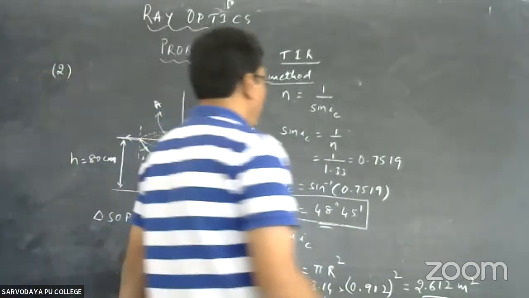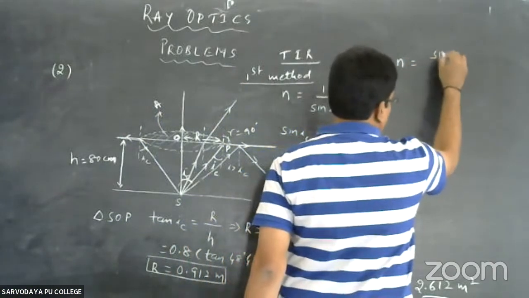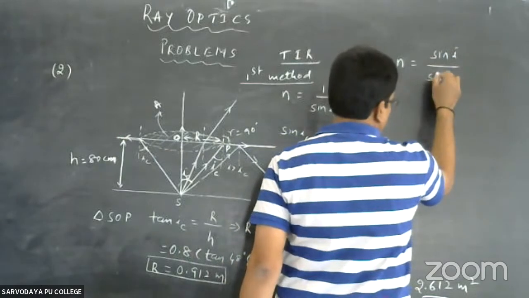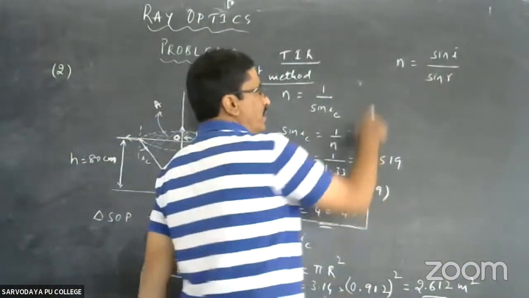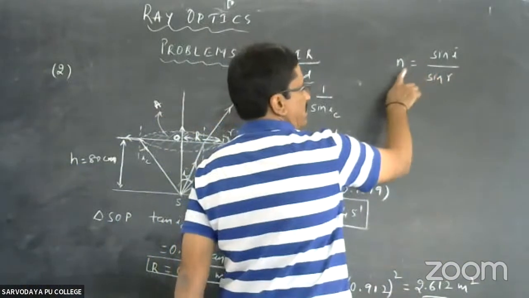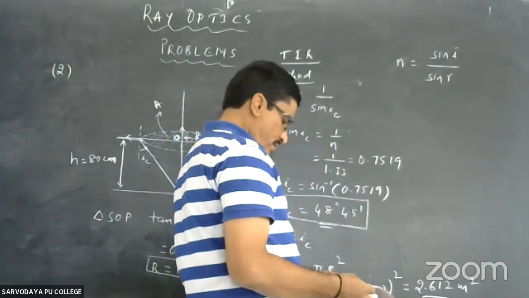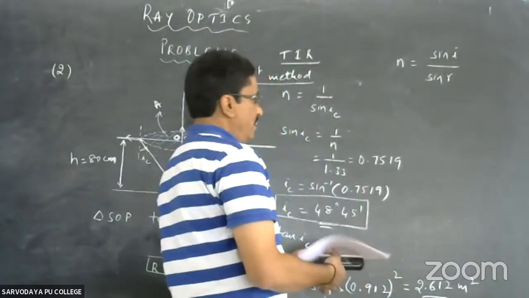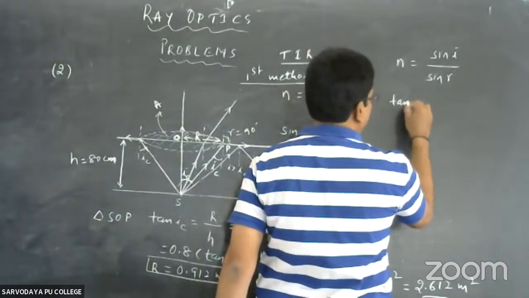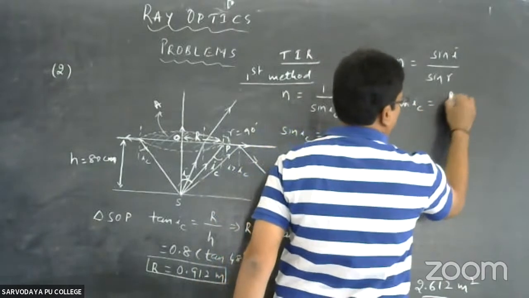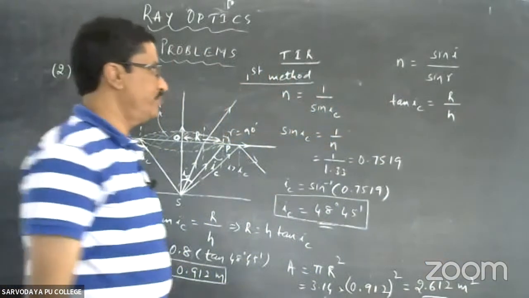Okay, now once you consider n, already you know it is equal to sin i by sin r. This is the formula for the critical angle. But from tan IC, already you know tan IC is equal to R by H, radius divided by height.